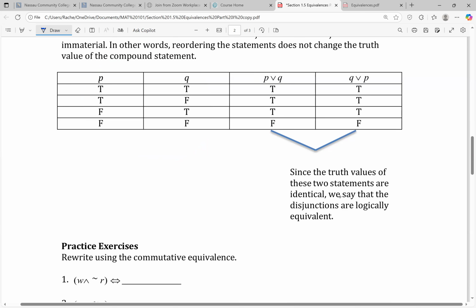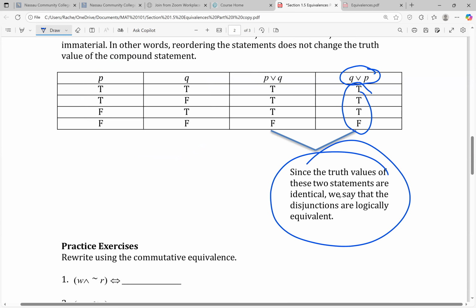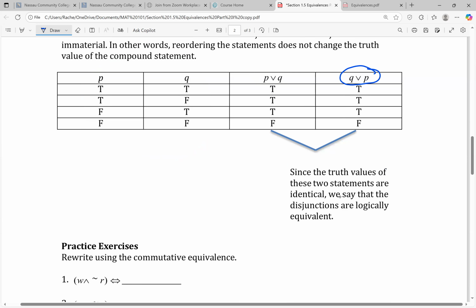And if we were to look at the truth values of Q or P, it's the same outcome, right? Since the truth values of these two statements are identical, we say that the disjunctions are logically equivalent. So again, whenever we have a disjunction or a conjunction, order doesn't matter. So let's do a couple of examples.